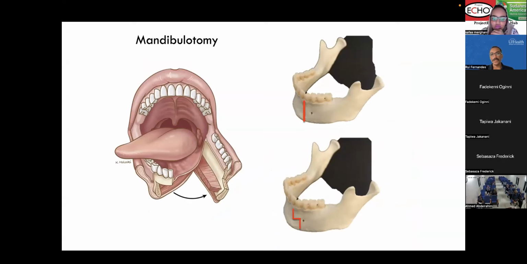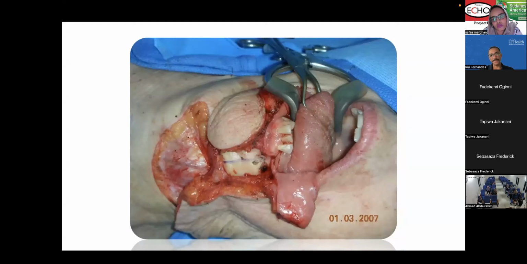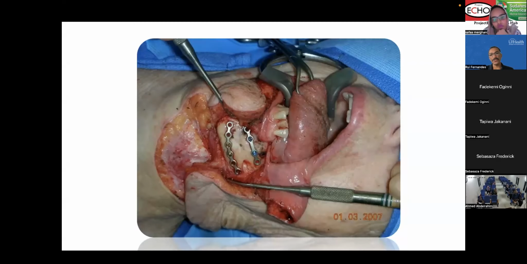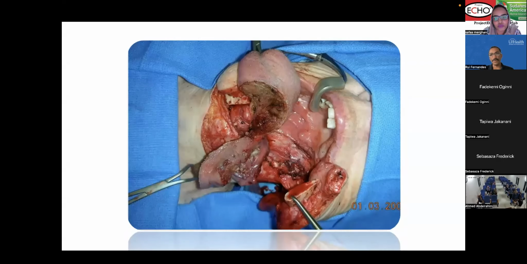The rationale for doing these steps is they increase bony contact to improve healing. The typical approach is, as you can see here, I no longer do the mental curvature like that. I go straight through as in the Trotter approach. Exposure, plating, access, and then you can see the tumor, so you can have the resection and ensure that you have better visualization, so that you can take proper margins.